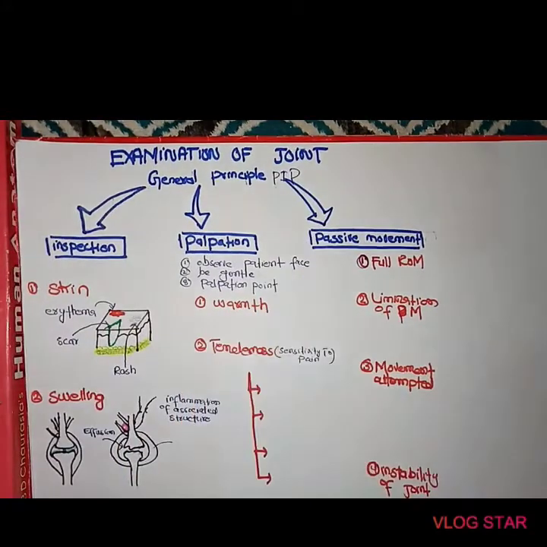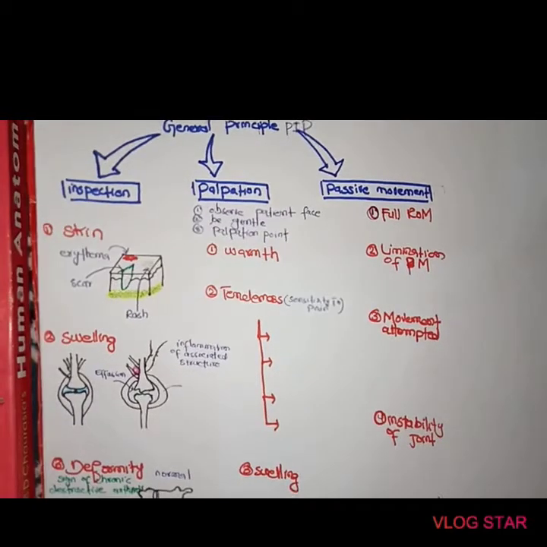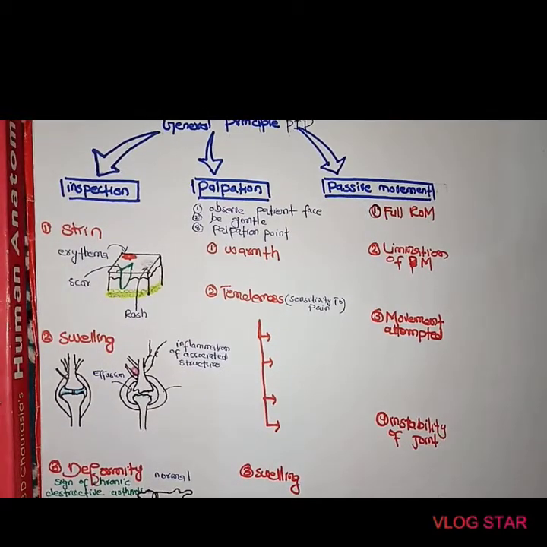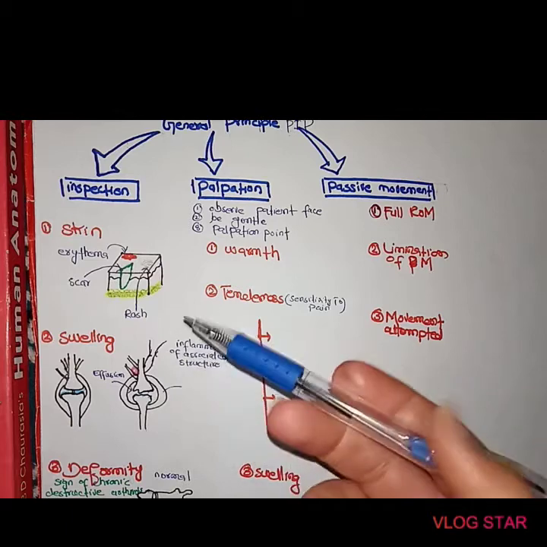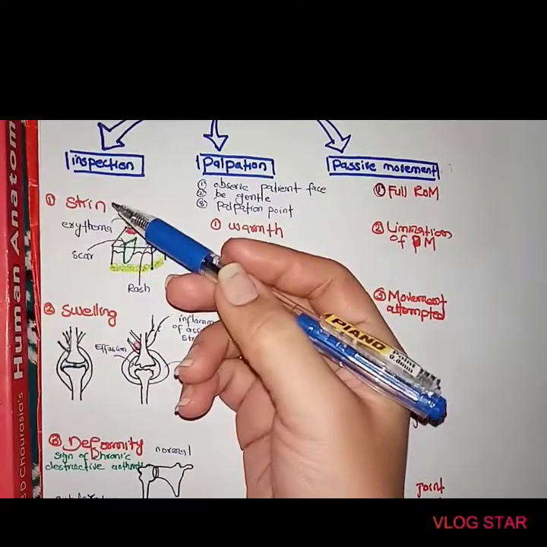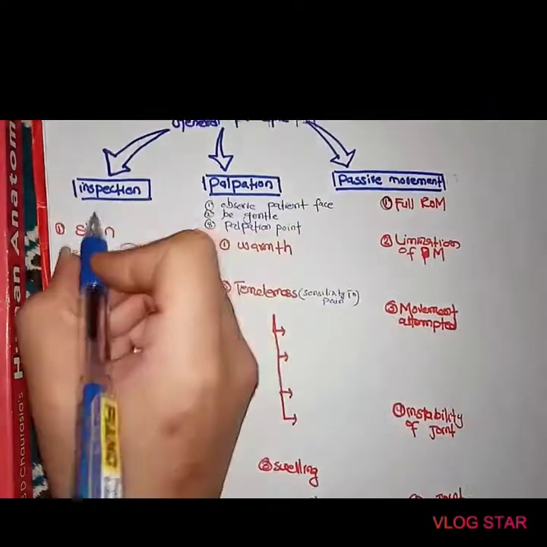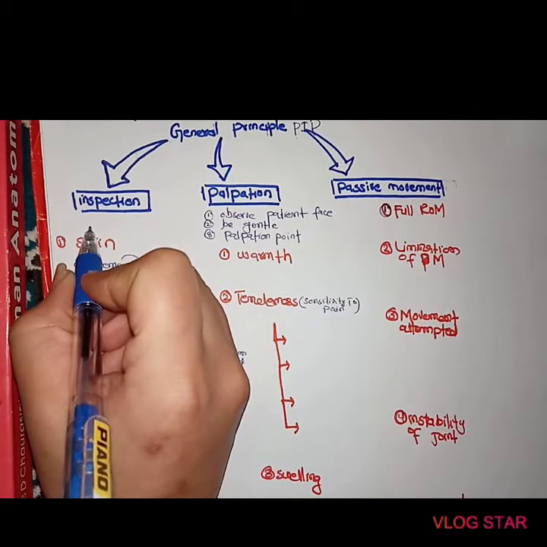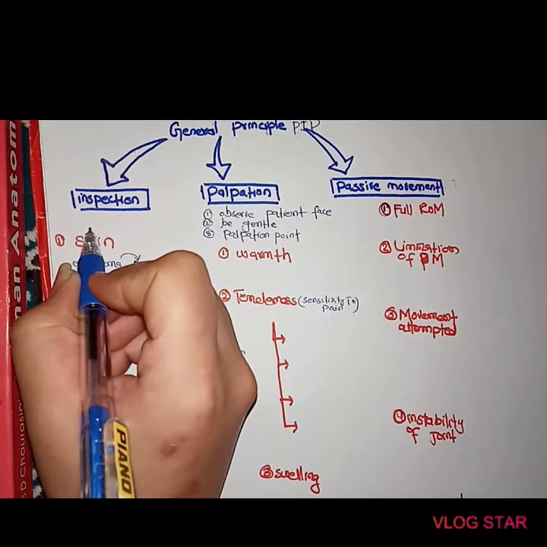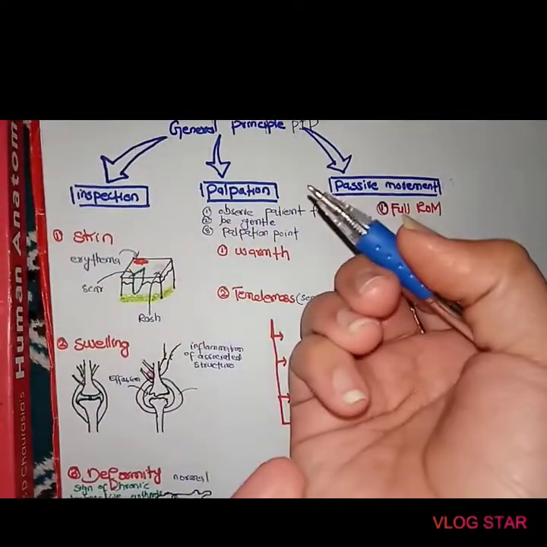So when you start the examination of the joint, the first step is to inspect the joint. When you start inspection, you have to compare both sides of the joint. That is, when the affected joint is only the right knee, then you have to examine the left knee too.